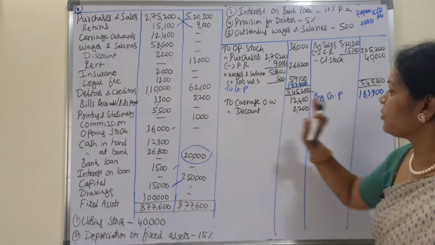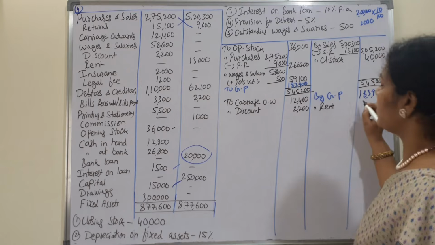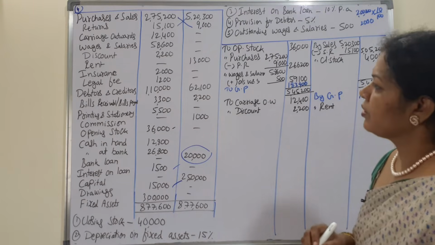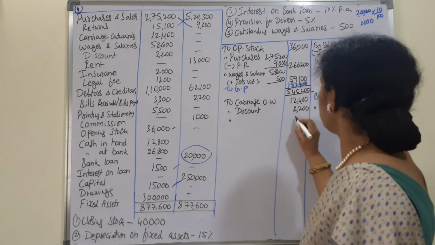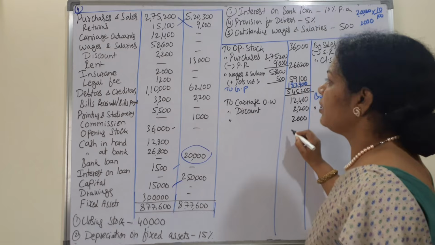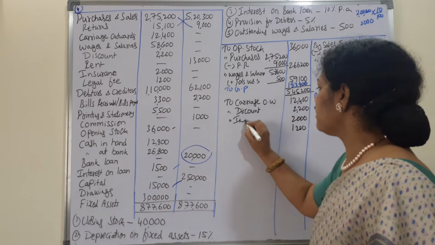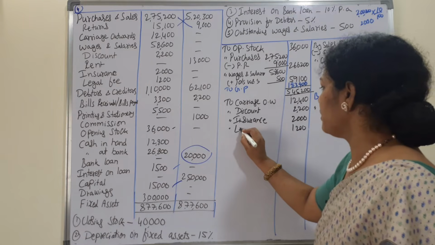Rent is on the credit side, so we'll write it on the credit side because it's income. Rent is 13,000. Then insurance and legal fee, both are indirect expenses. Insurance is 2,000, legal fee is 1,200.